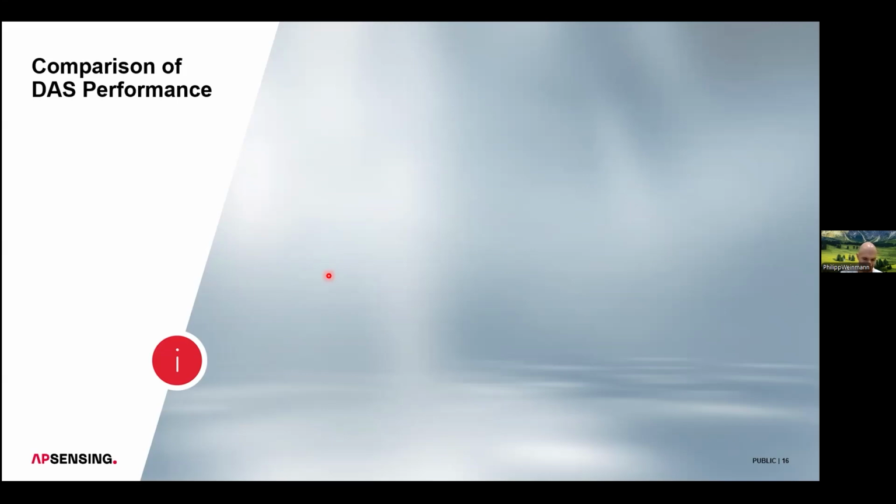Even if you spend a lot of money on ultra low loss fibers, which are the best you can get, they still have attenuation of around 0.16 dB per kilometer. So don't be concerned about this.